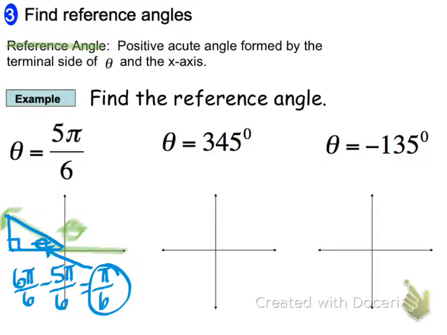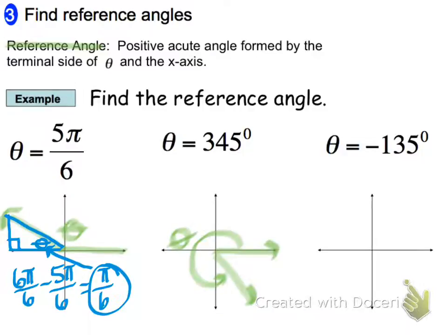Let's look at the next one, 345 degrees. The first thing we'd want to do is draw that. Now that's getting close to 360 degrees, so it looks like the terminal side would be down here in quadrant 4. Our theta is going to go all the way around to there. We want to know, though, the reference angle.